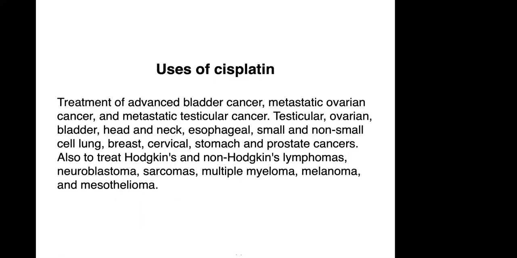So for testicular cancers, it has something like a 90% efficacy in curing testicular cancer. And so this is still a very widely used drug. In fact, I guess this is probably about 10 years ago, but the global sales for platinum drugs, mostly cisplatin, was a couple of $2 billion per year.